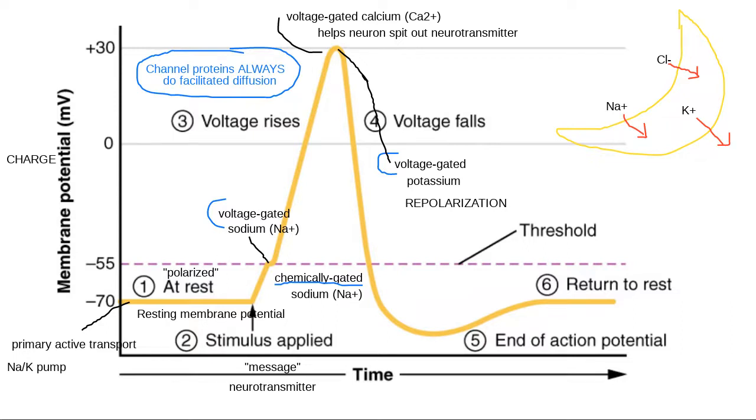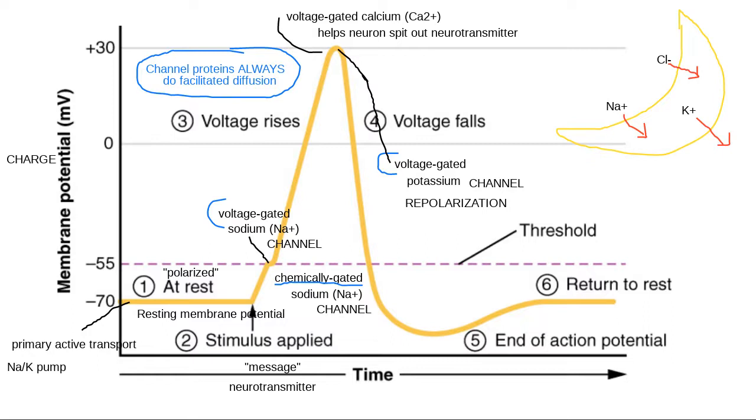Yes, so the key is, I should have written the full name of these proteins. So it's a voltage gated potassium channel protein, and it's a chemically gated sodium channel protein, and a voltage gated sodium channel protein.